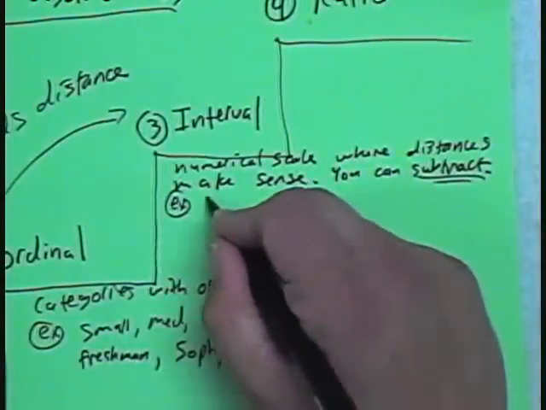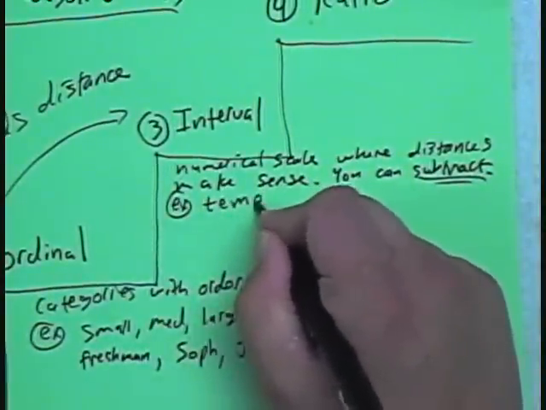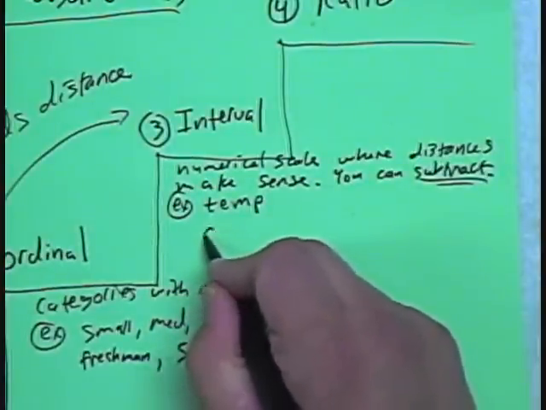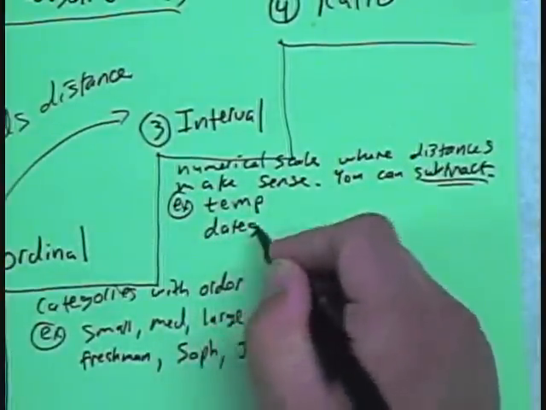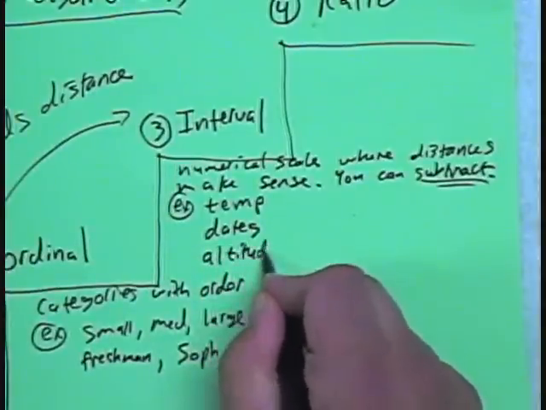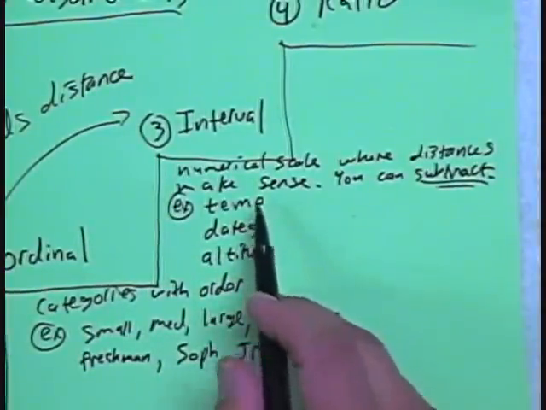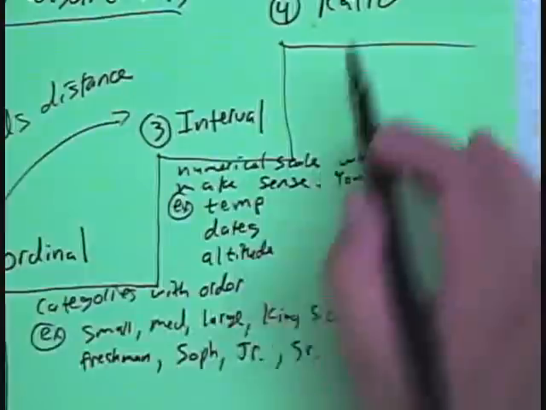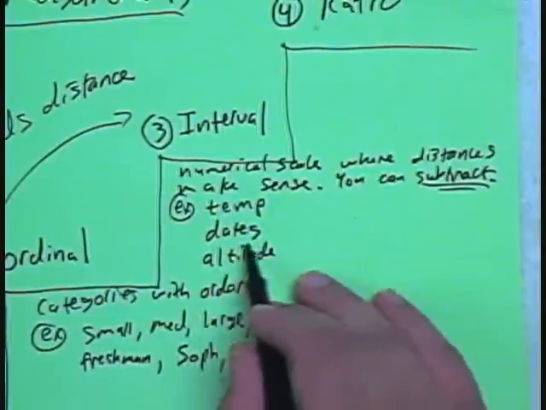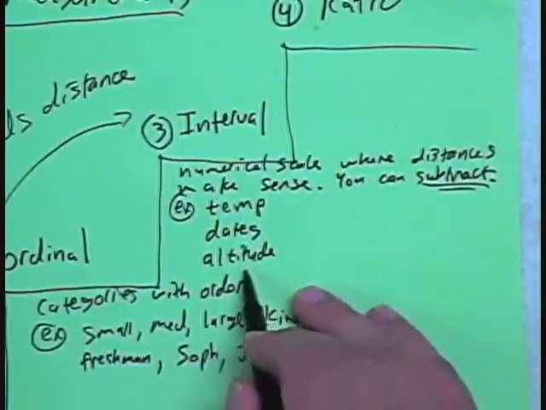So some examples here are temperature, dates, altitude, and what I did here is I picked some interval scales that are not ratio. Okay, so these kind of seem like, why did you pick dates and altitude?